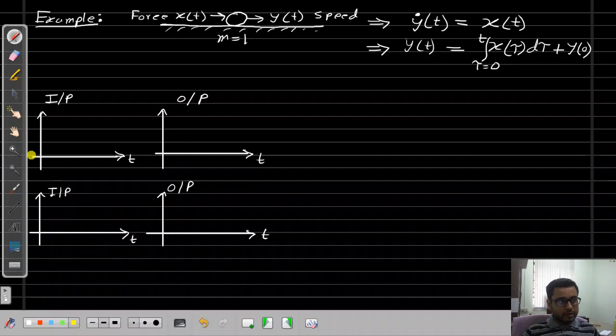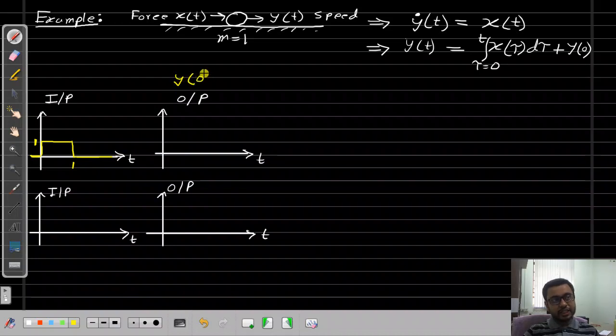Suppose the input force is like this. It is 0, then 1 for 1 second and then again 0. How will the output speed look like? For that we need to know the initial speed.